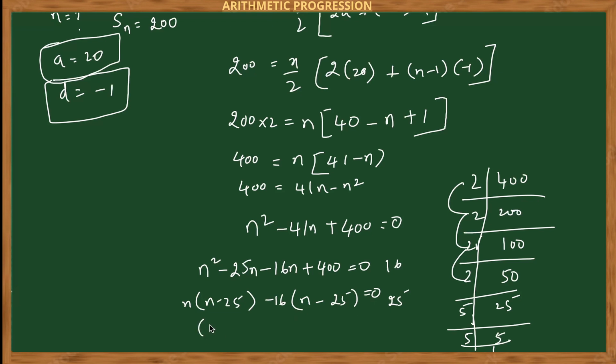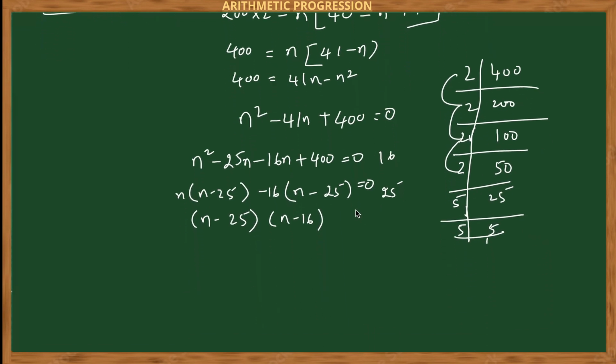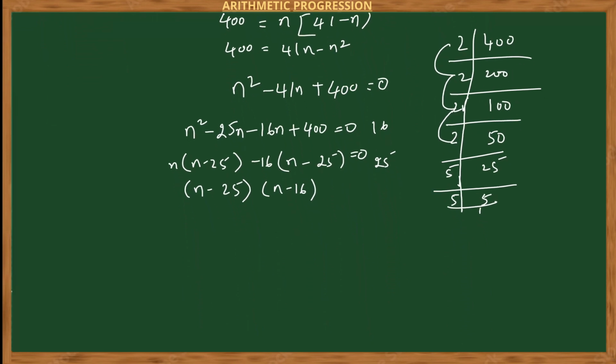So we have n minus 25 times n minus 16 equals 0. Solving this, n minus 25 is 0 and n minus 16 is 0, so n is equal to 25 and n is equal to 16.